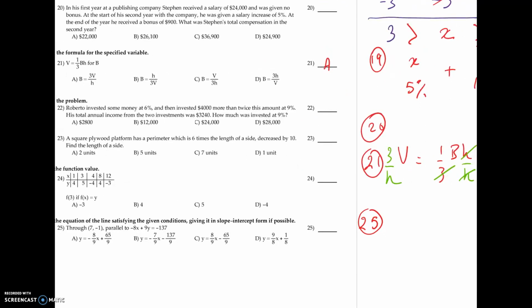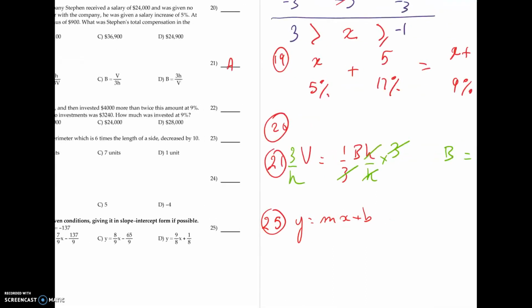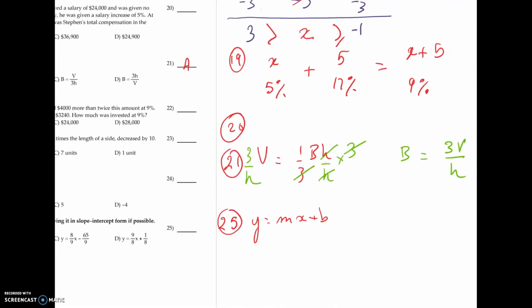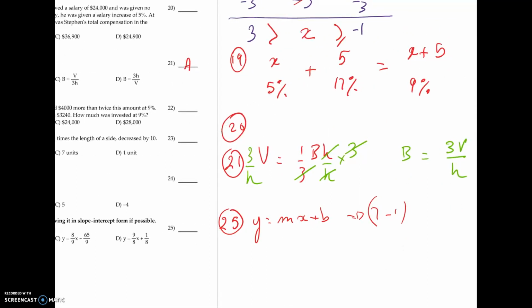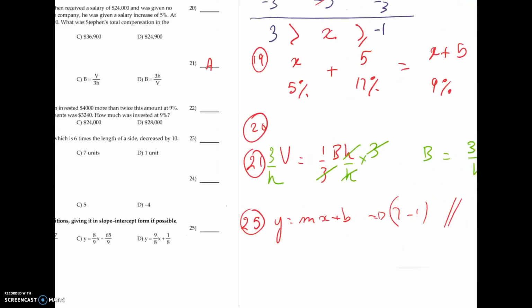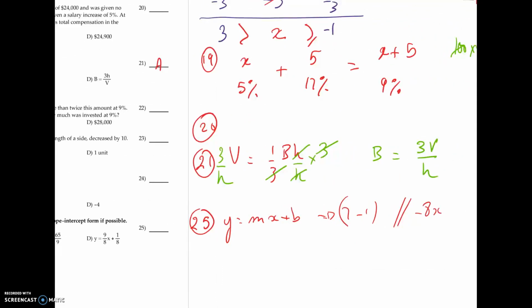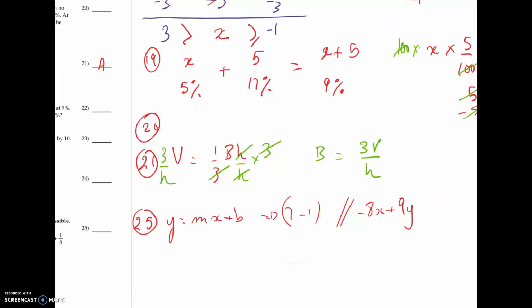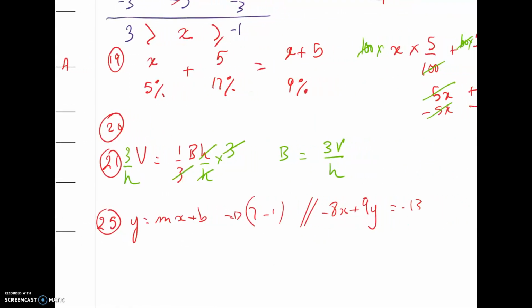Number 25, you have a line that you need to find, with the form y equals mx plus b. You know that line is going through the point (7, -1), and you know that line is parallel to another line with equation minus 8x plus 9y equal negative 137.